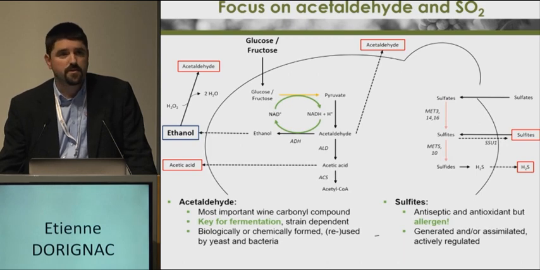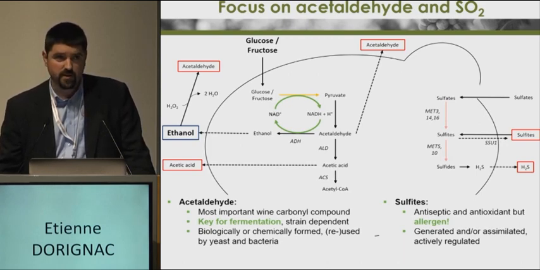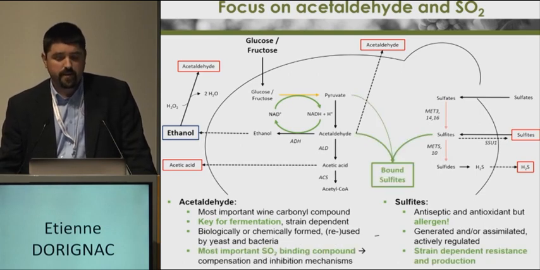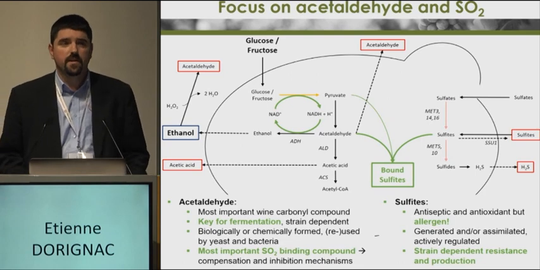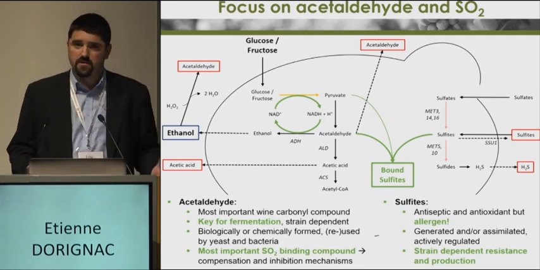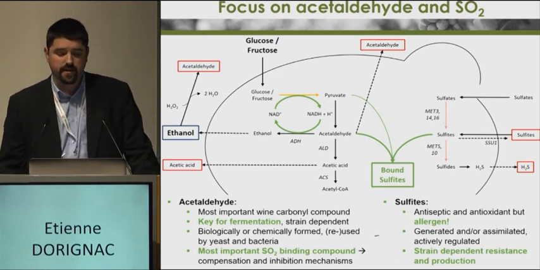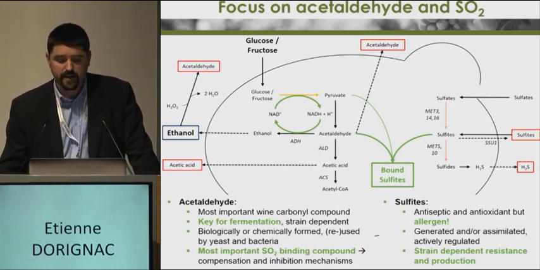So not all yeast strains have the same propensity to produce sulfites. It is strain dependent, but one really important thing is that it is closely related to acetaldehyde, because acetaldehyde is the most important sulfite binding compound. So there is quite a close relationship that we will see afterwards.